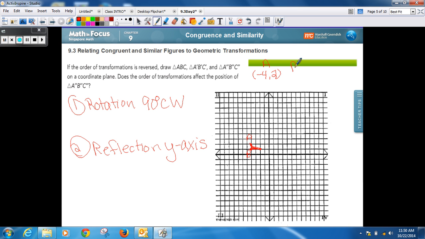B is at -4, 1, and C is at -2, 1. When we do a rotation of 90 degrees, pull out your card right now. I'll go ahead and let you have some time. Pull out your card and see what it does to your coordinates. So get out your card from last chapter and see what it does with your coordinates.